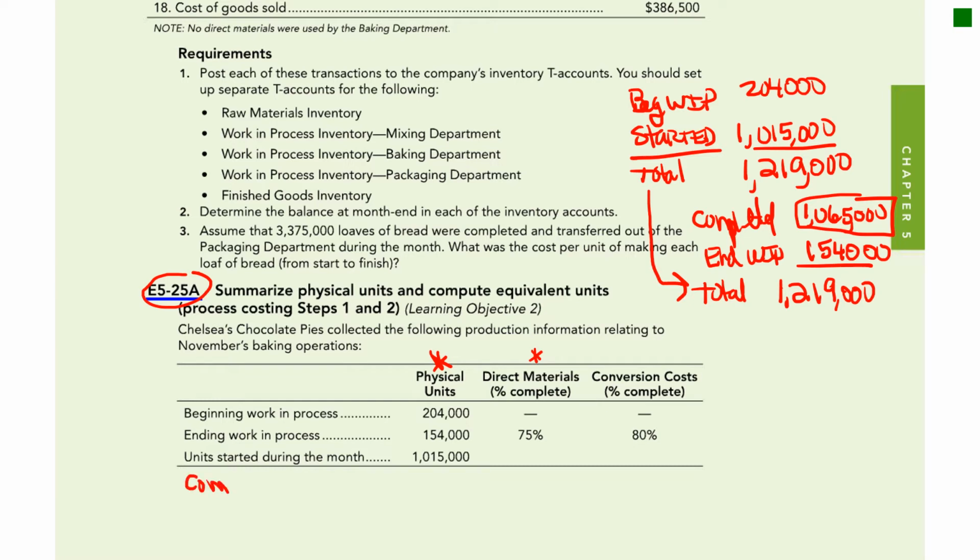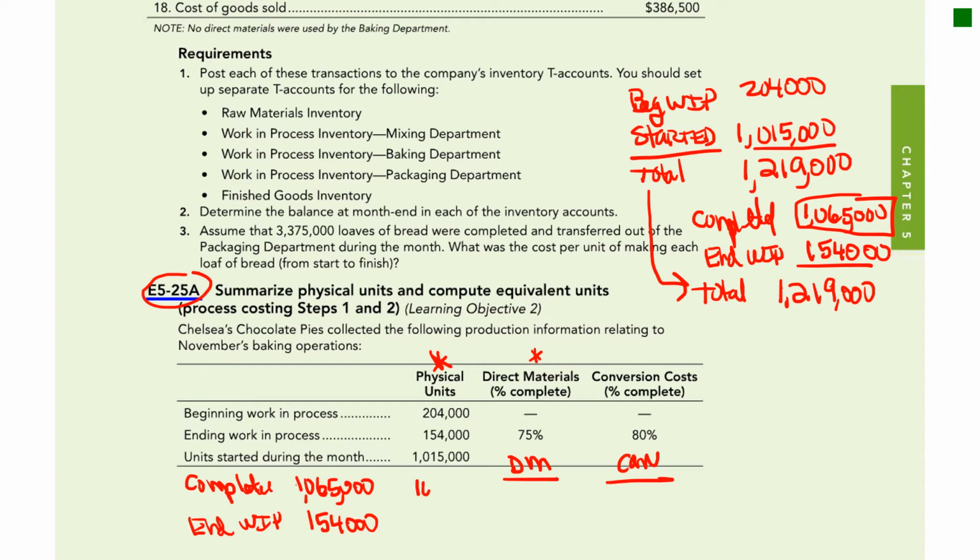So again, you've got completed and transferred out of 1,065,000 units. You've got ending work in process, which they told us was 154,000. Write that there.